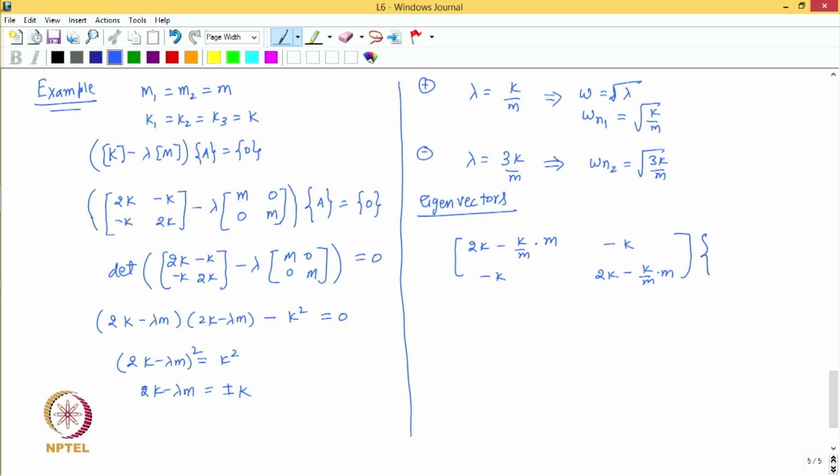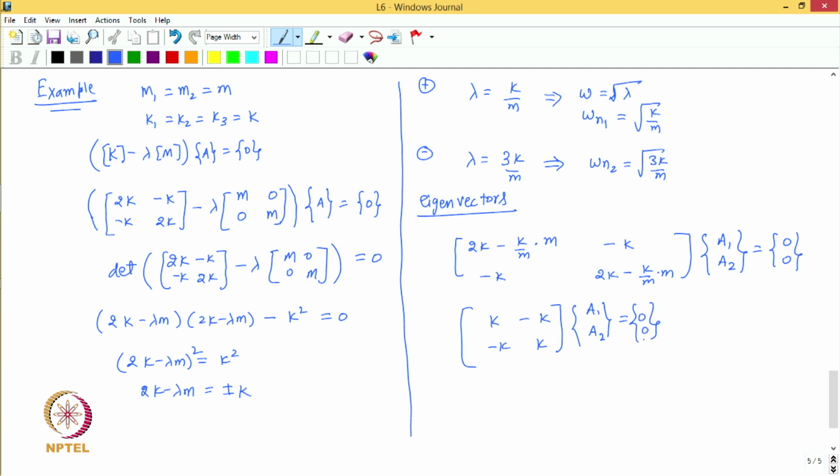If A1 is the amplitude of the first mass and A2 is the amplitude of the second mass, then multiplying by A1, A2 should be equal to 0. This gives us the matrix k, minus k, minus k, k times A1, A2 equal to 0.